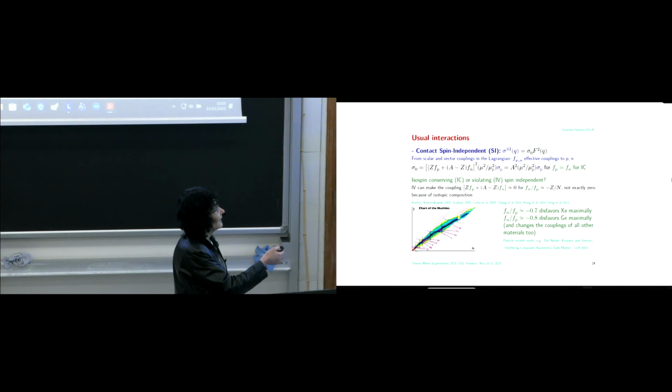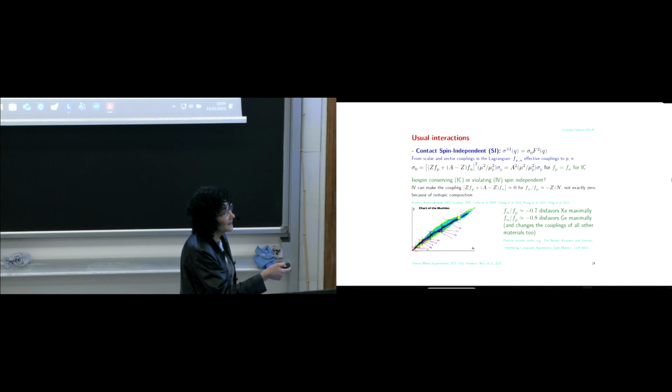But you can have a different coupling with protons and neutrons. Z is the number of protons, the charge. A minus Z is the number of neutrons. And for Fp different from Fn, it's called this kind of, okay.